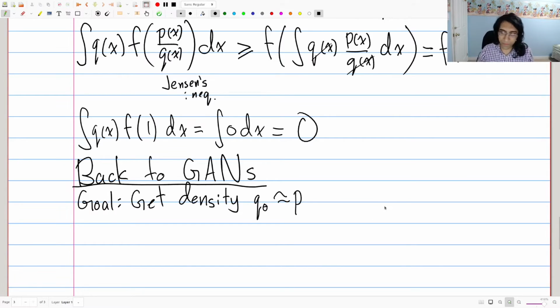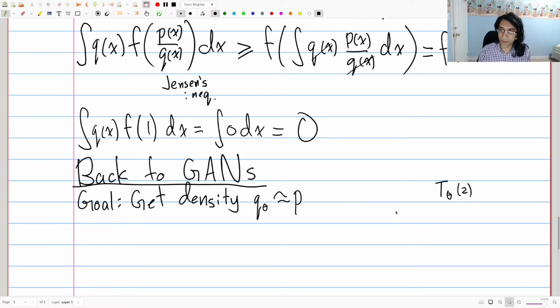I want to be precise about this, so let me recall that we let T of theta of z be a function which maps z, what you feed in, to a different domain.